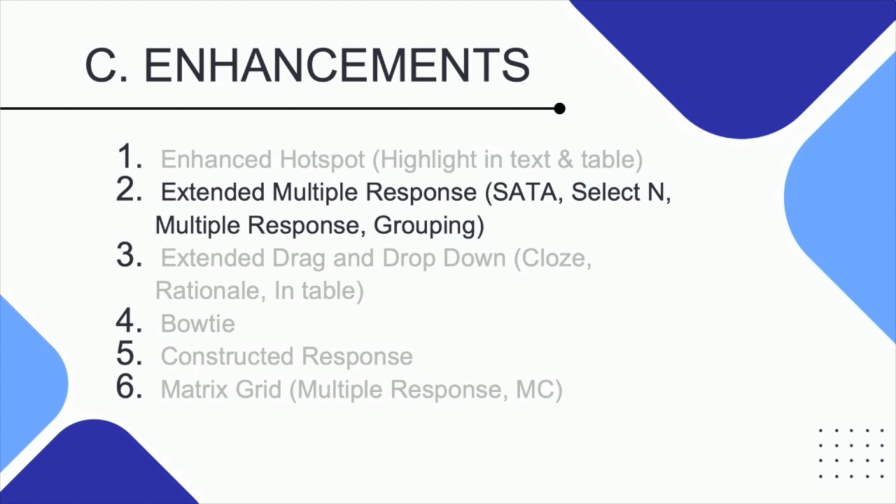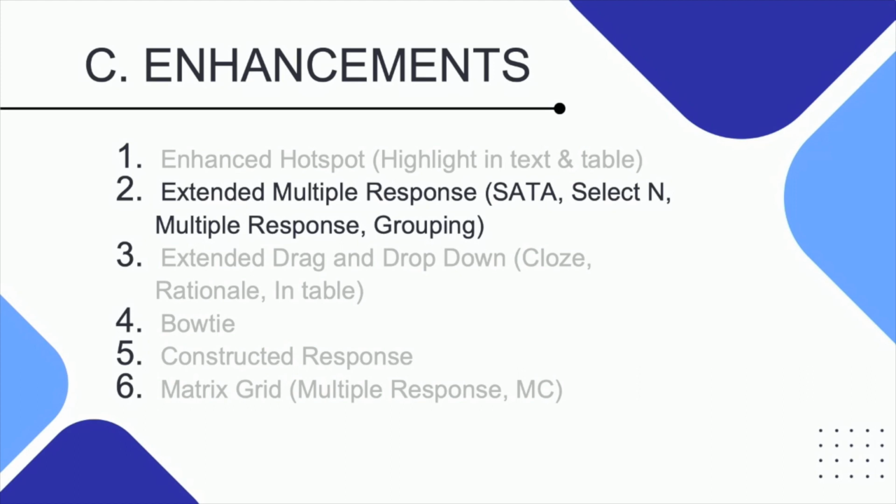Another item could be the extended multiple response. And this is very significant because usually with select all that apply, we are thinking, okay, there's going to be 5 item options and no more. But with this extended multiple response, we are going to be seeing up to 10 choices, right?